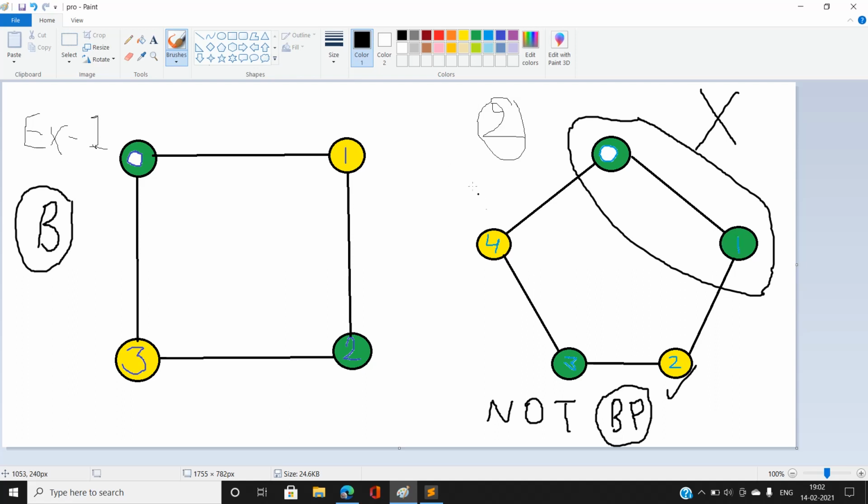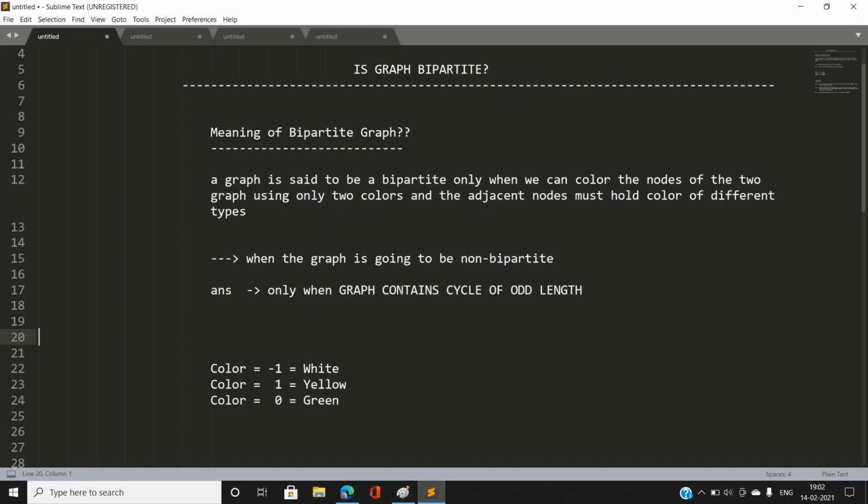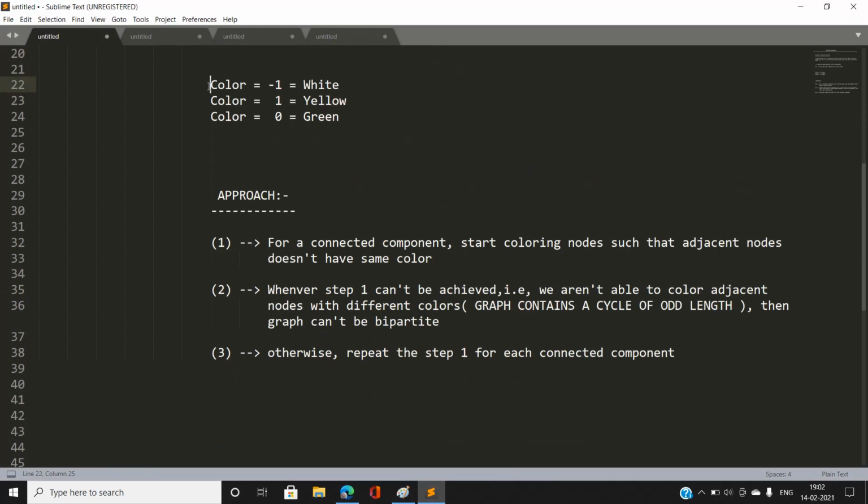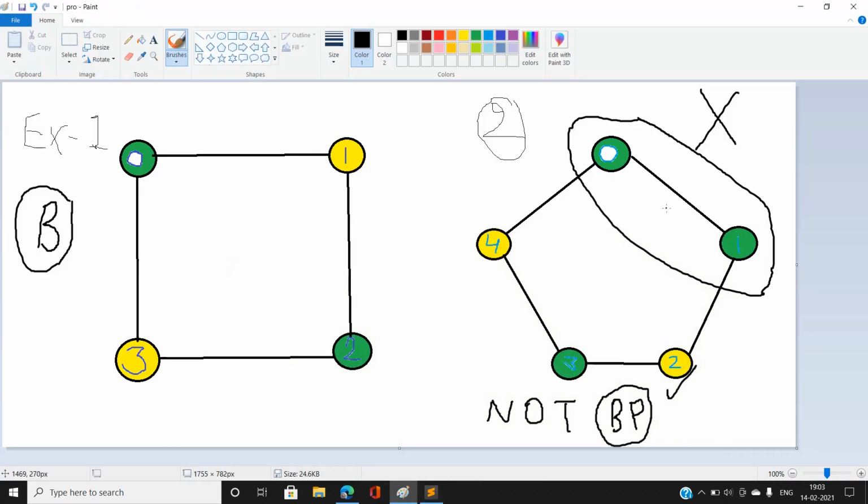Okay, so let's jump to the approach. Note that I have used -1 to denote the color of any node as colorless, that is white, and 1 with yellow and 0 with green. Now our approach would be, for a connected component of this graph, start coloring nodes such that adjacent nodes don't have the same color, and whenever step 1 can't be achieved, that is, suppose 1 is colored with green, and we find that 1's neighbor, that is 0, is again colored with green, then we can claim at that moment that our graph can't be a bipartite.